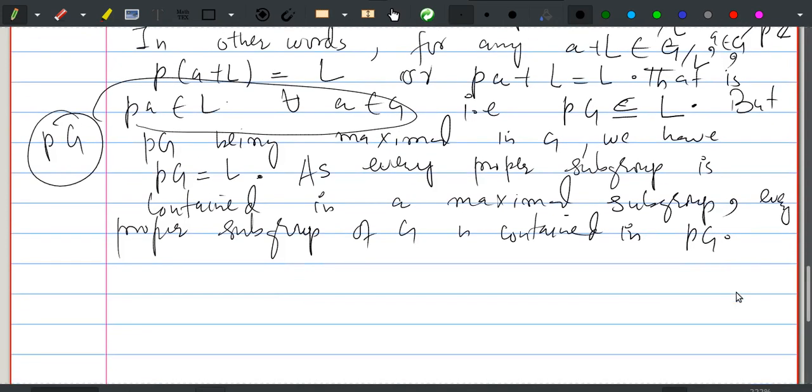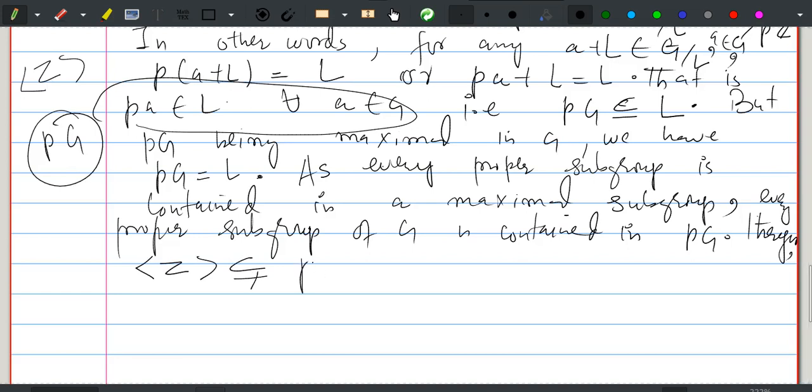Now if this is the case, then in the beginning we have assumed that this subgroup Z is a proper subgroup of G. So therefore this proper subgroup Z is also contained in PG, so that the generator A plus PG of G mod PG is 0.